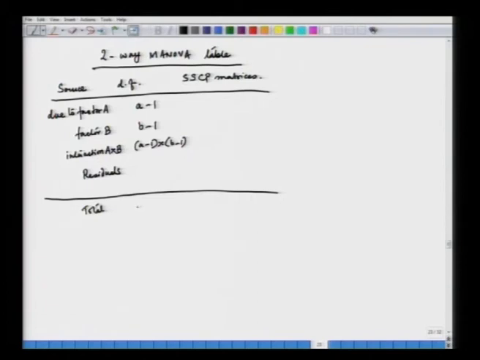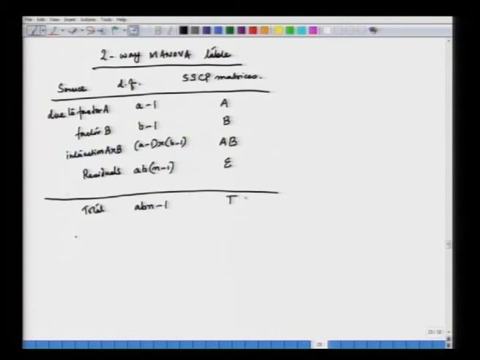Total I know has to be ABN minus 1, and hence the residual degrees of freedom is AB times N minus 1. The sum of squares and cross product matrices are, by my notation, A, this is B, this is AB, the residuals is E, and then this is T.